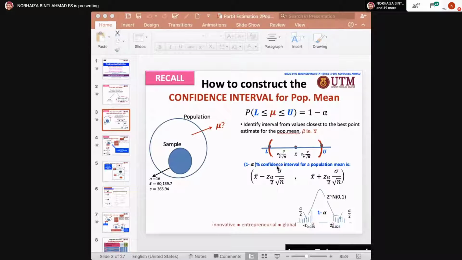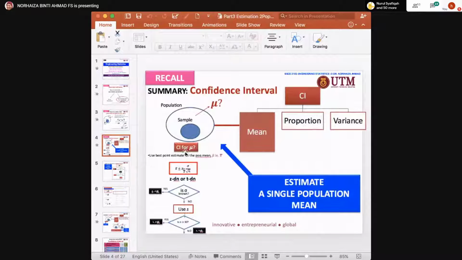This error can be calculated from the critical value of your Z distribution if it is from a Z distribution. This is only the basic formula for the confidence interval for the population mean. But there are many situations in which we do not know all this information, so we estimate the value.